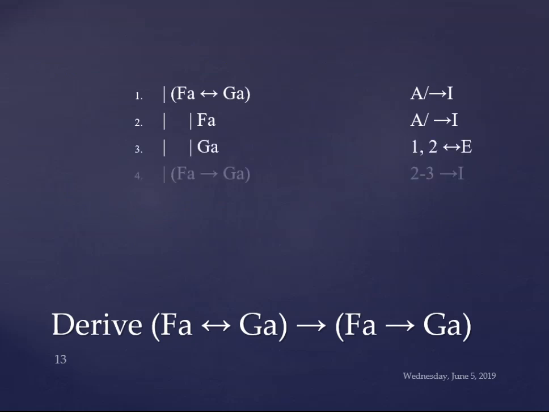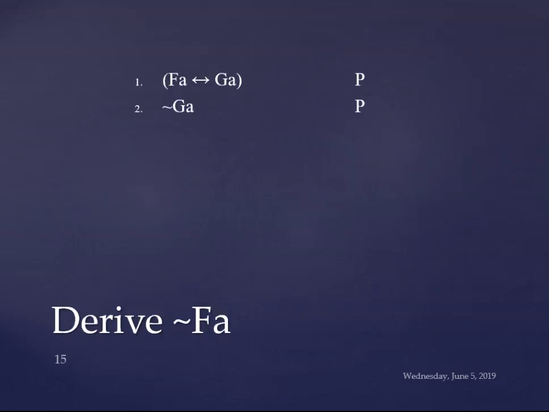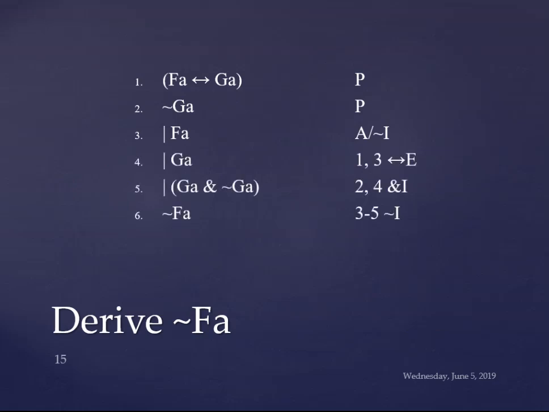You derive GA, then you get that, and then you get that, and then you're done. That's a nice, easy one. This one here, you need to use negation introduction. It resembles something we just did. You assume FA for negation introduction, you get GA, you derive the contradiction, you stop it, and then you're done.